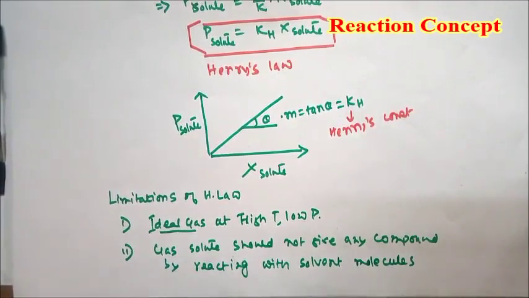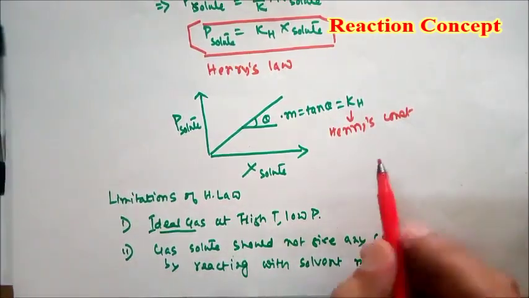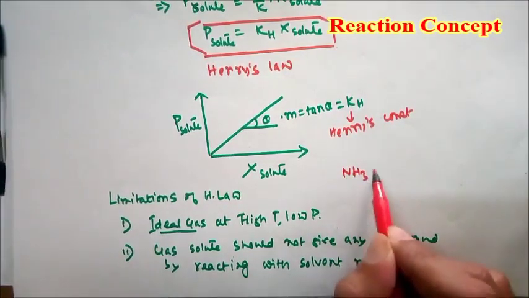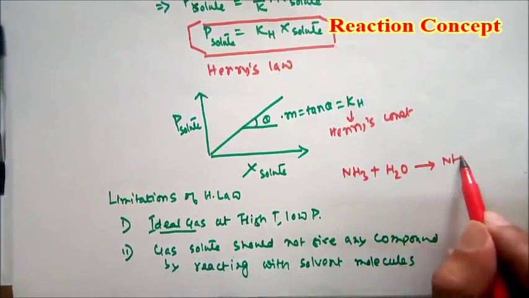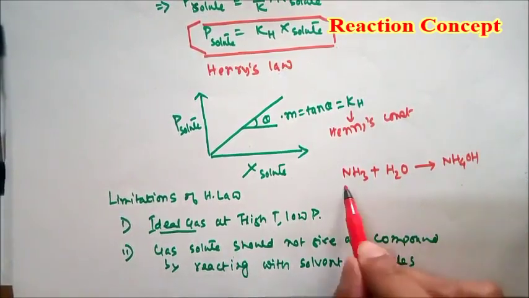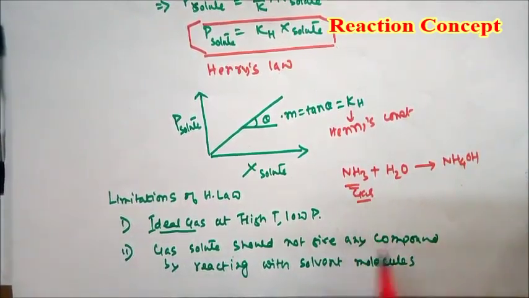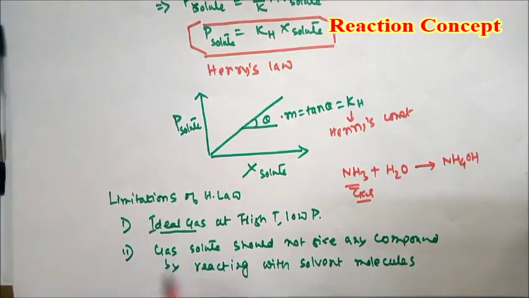For example, if we consider the gas ammonia, when ammonia is dissolved in water, it will give rise to ammonium hydroxide. In such kind of gas solute, we cannot apply Henry's law to describe the dependence of pressure on its solubility.